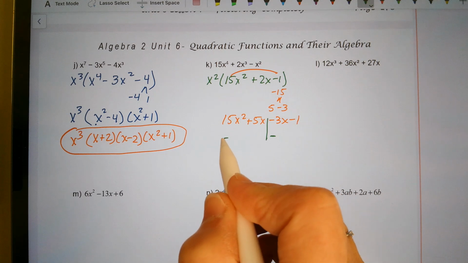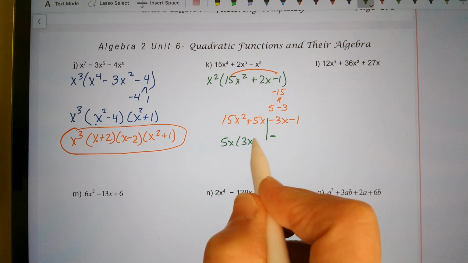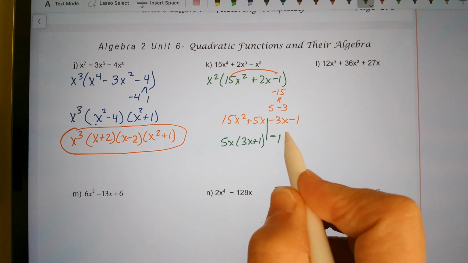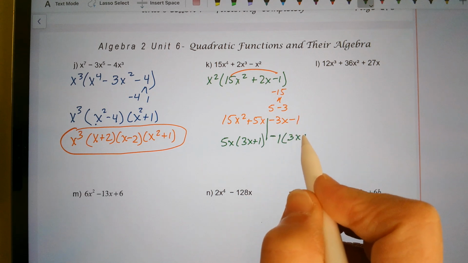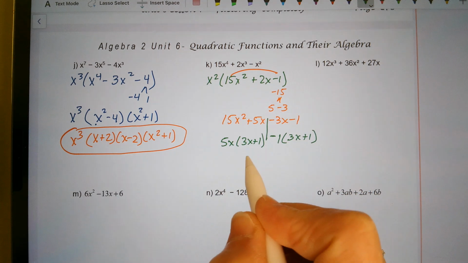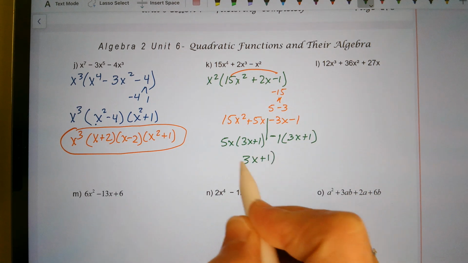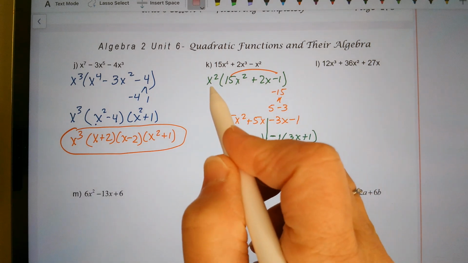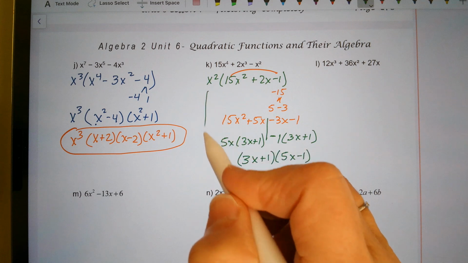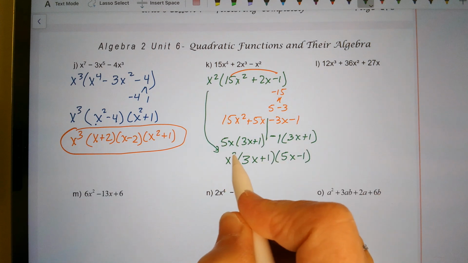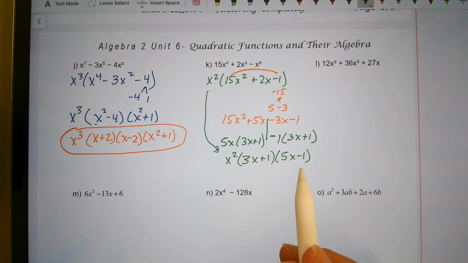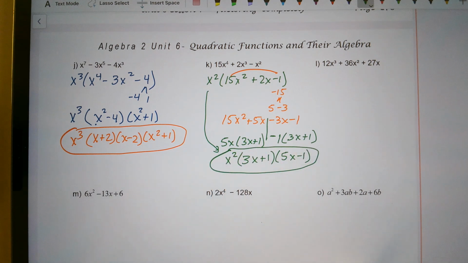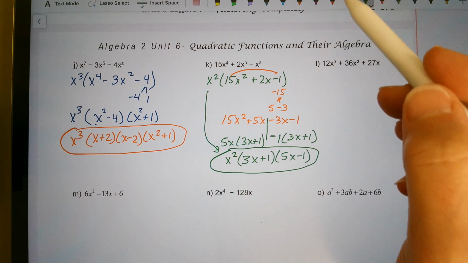GCF of the first 2 terms is 5x, 3x plus 1, and common here is 1, but you're actually taking out a negative 1, so 3x plus 1. 3x plus 1 is one factor, 5x minus 1 a second, and our GCF of x squared needs to come down. Just check, can any of these be factored further? No. This is our complete factorization.